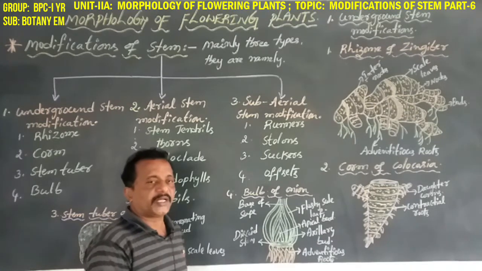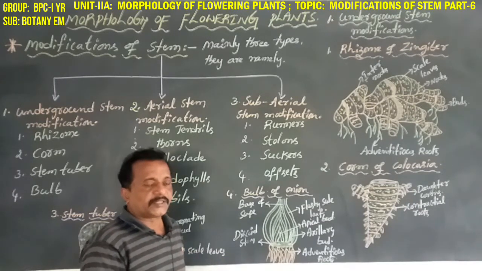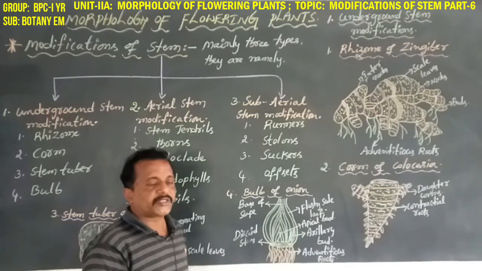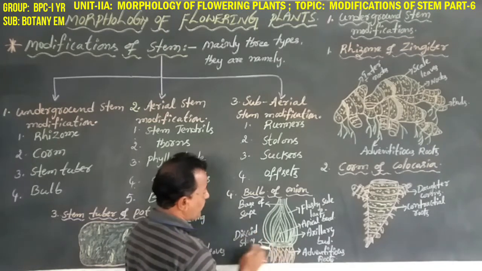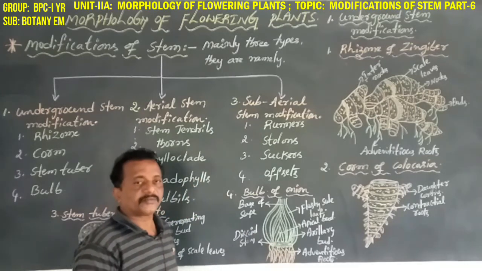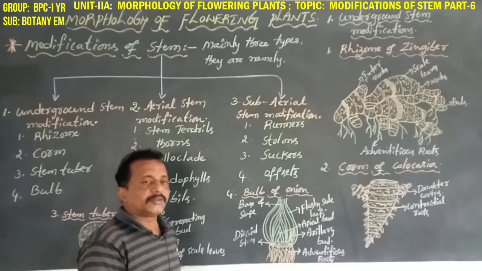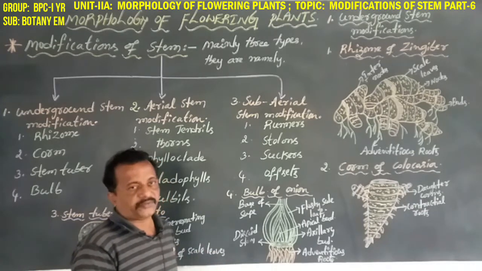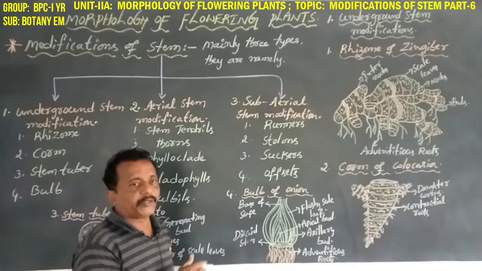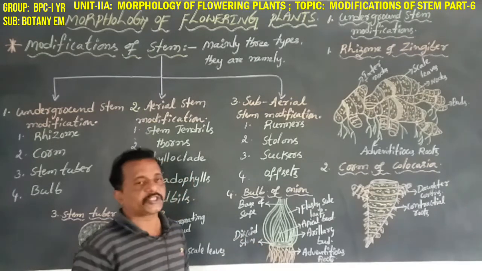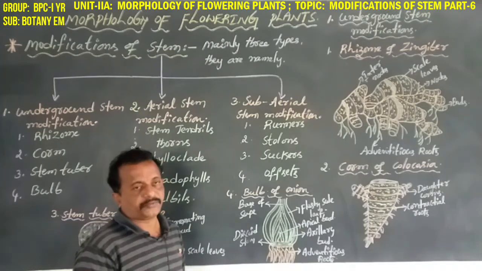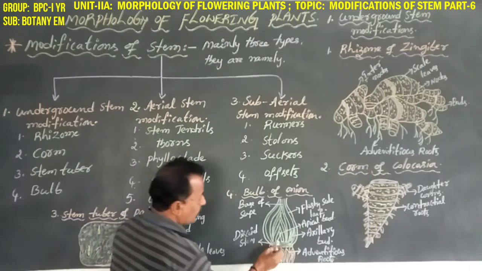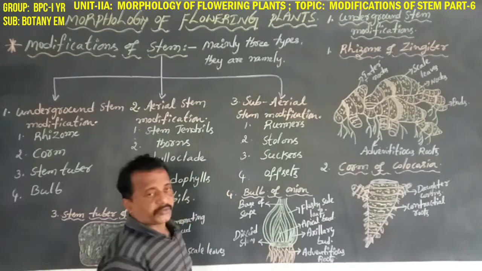The stem is greatly reduced and appears as a discoid structure, that is a discoid stem. So the stem is totally reduced.